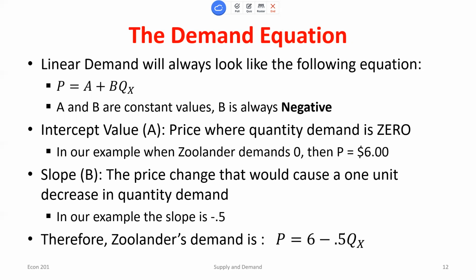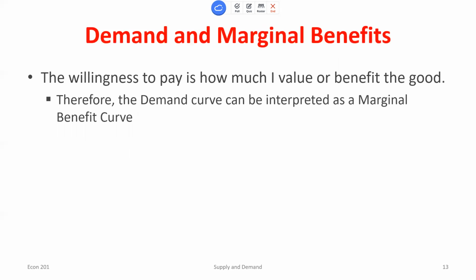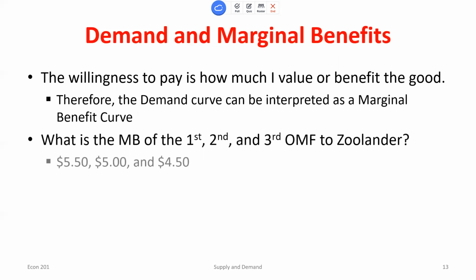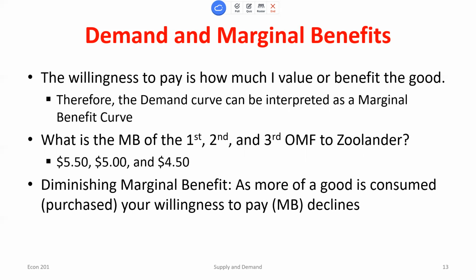Any questions for you? So we've got our individual demand curve. I had this example from last class, but I think this is where the equation came from. We're thinking about these orange mocha frappuccinos that Zoolander was ordering. We have this individual demand curve. We can think about it as, I consume each additional drink, that marginal benefit or my willingness to pay, the price I'd be willing to pay, will decline, right?